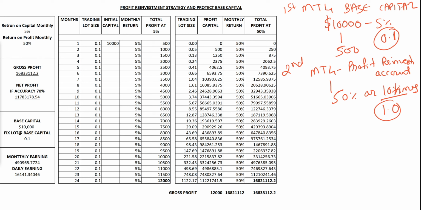And the return on capital also, it's 5% in the initial account, but for the profit reinvestment account, it is 50%, as we can take more risk from the profit.